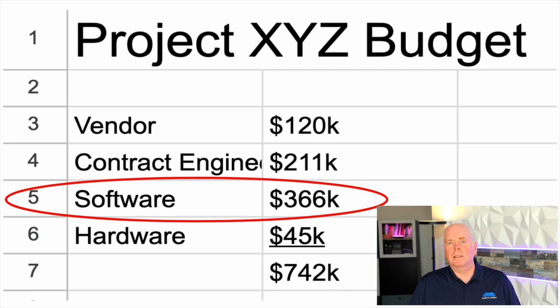This number actually in our scenario happens to be the cost for 3 years of a software as a service contract. So yes, it's $366,000, but the first year is really only 1/3 of that. When we amortize it, the number changes quite substantially. So we're going to talk about how to show that and some best practices around showing some of the software costs. Hardware costs.